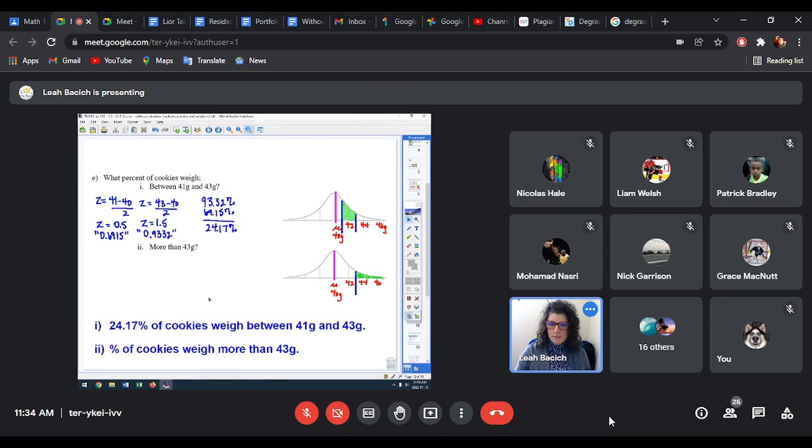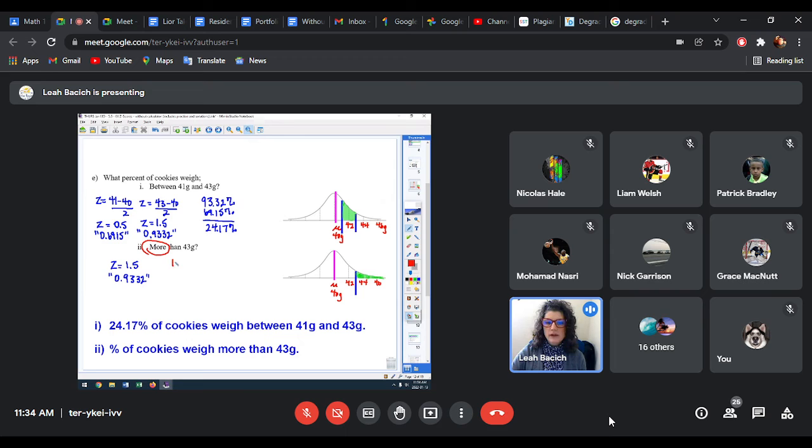Okay. More than 43. Well, the nice part here is I think we already have the region below, don't we? So for 43, we already have the Z score because we just calculated it. And we know the percentage because we got that from the table. But this percentage doesn't represent what I need. This percentage is actually what's below 43, but I want more.